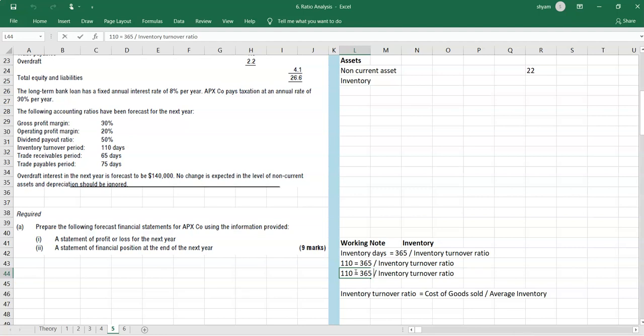The inventory turnover ratio will go to the other side and become a multiplication, and this 110 will go to the opposite side and become a division. Now we can easily get the answer.